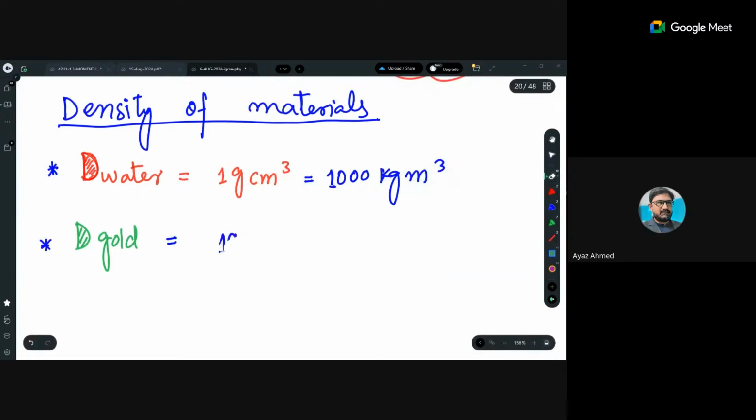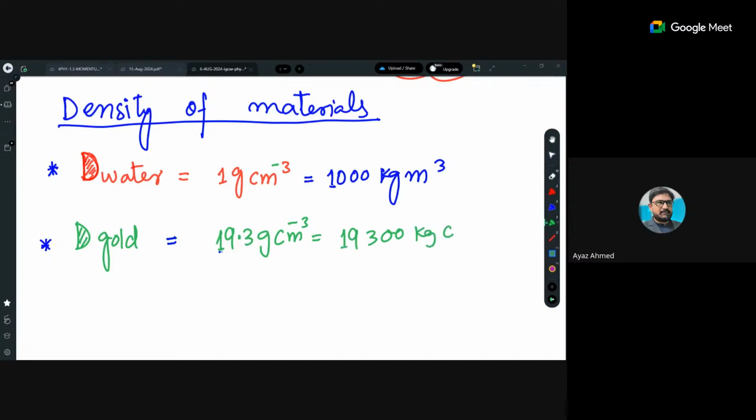Okay, so I'm going to give you a simple number. The density of gold is 19.3 grams per cubic centimeter, right? And in other words, it is 19,300 kg per cubic meter.